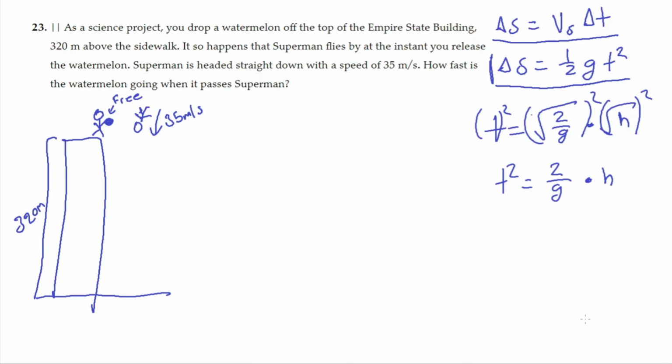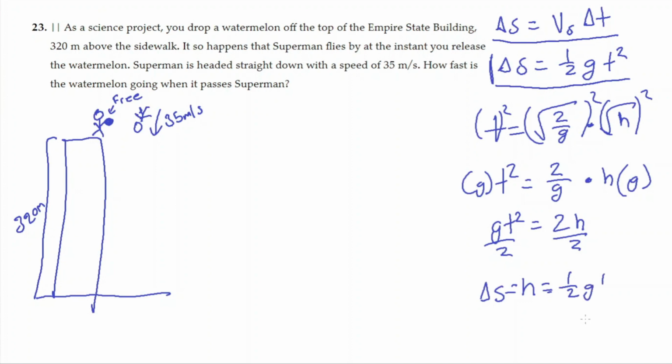They're the same thing. h is delta s. So we want to solve for h here. If we solve for h, we multiply by g on both sides, and then we have g t squared equal to 2h. And if we divide by 2 on both sides, we have h, or delta s, equal to 1/2 g t squared. So you can see how it's the same exact equation, except I just rewrote it.